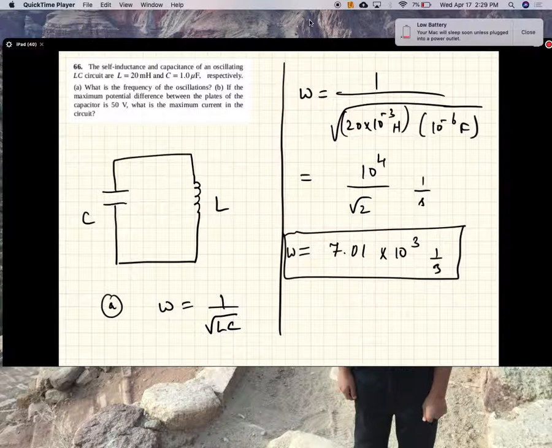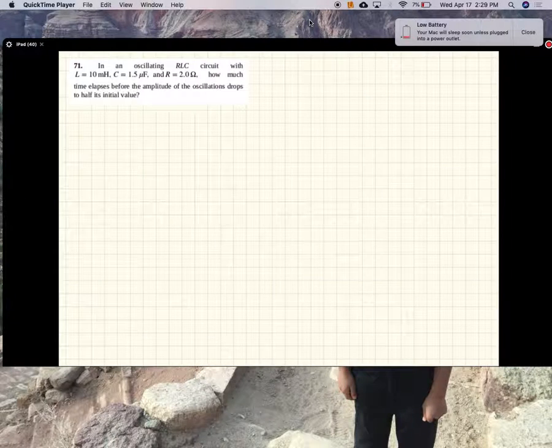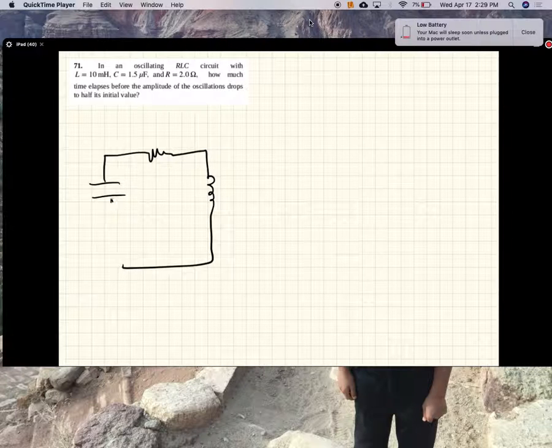Now in this circuit, you have to deal with reality. In reality, you have a resistor present.